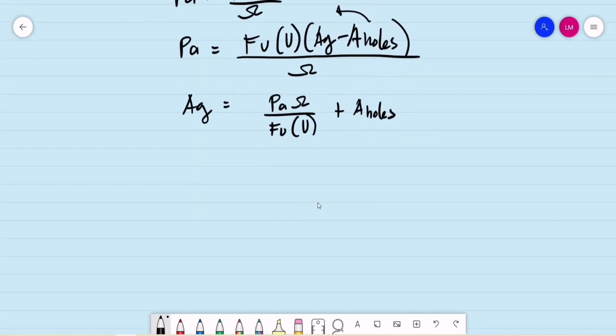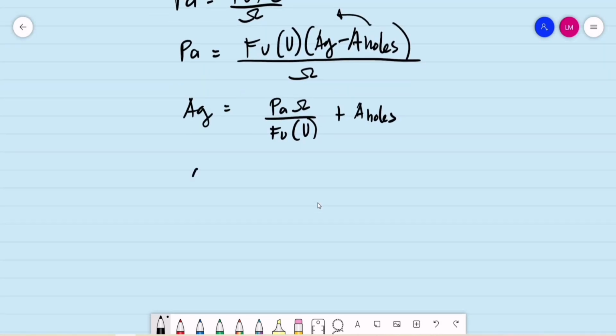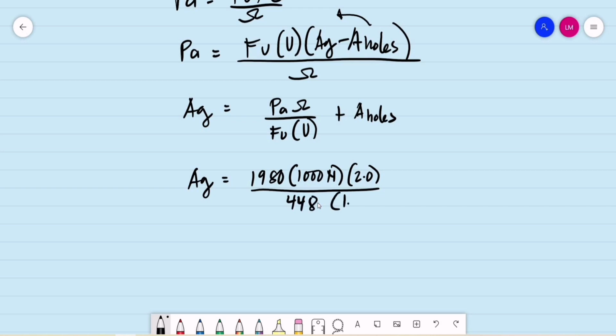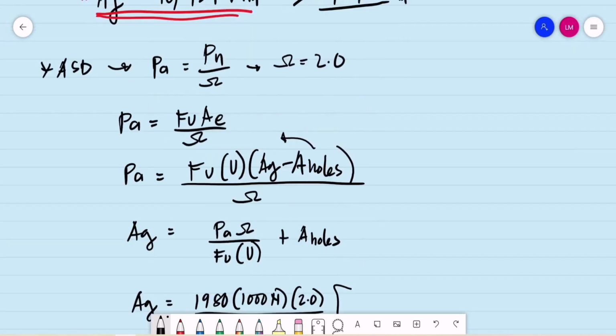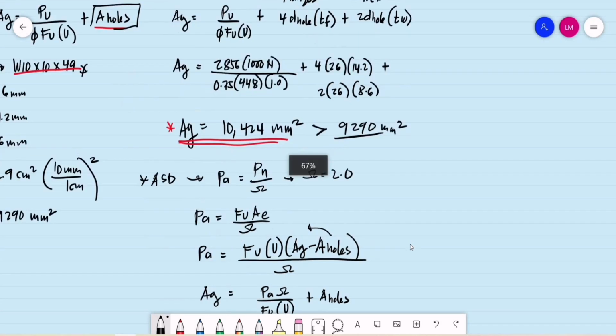Then computing now for the gross area for ASD. The allowable force a while ago is 1,980 kilonewtons. That is, in terms of newtons, to be multiplied by 1,000. Then factor of safety is 2.0. Fu is equal to 448 megapascals. Shear lag factor is 1.0. The area of the holes is similar to the area of the holes from the LRFD a while ago.